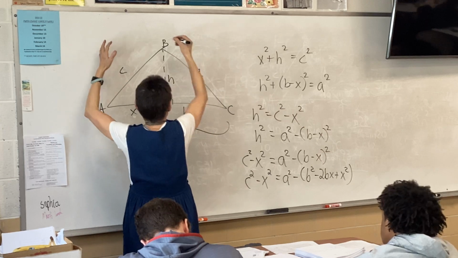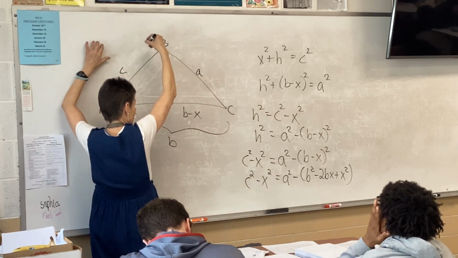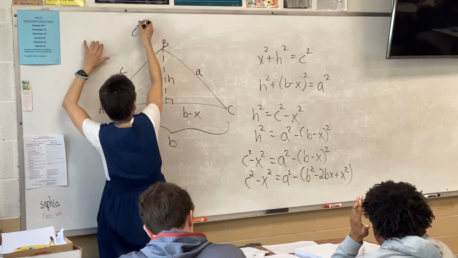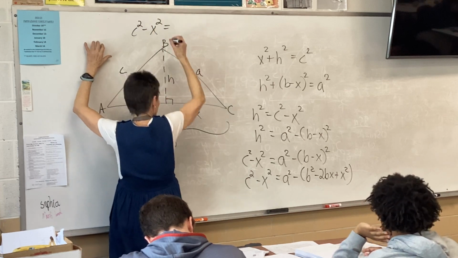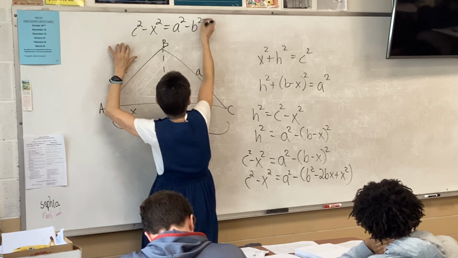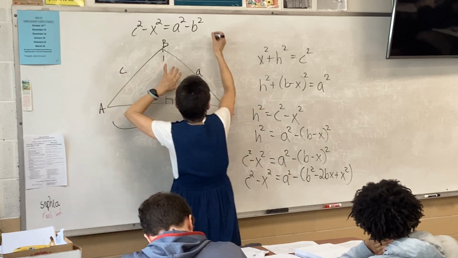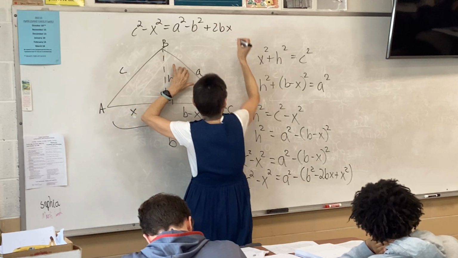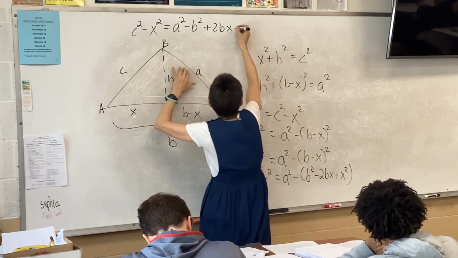So I'm running out of room here. I need my picture. So I'm going to have c squared minus x squared equal to a squared minus b squared plus 2bx minus x squared.